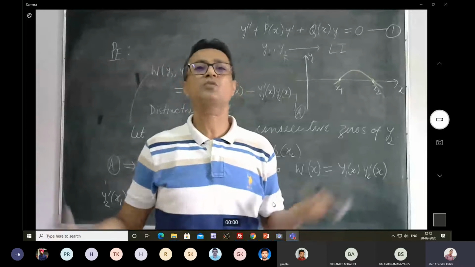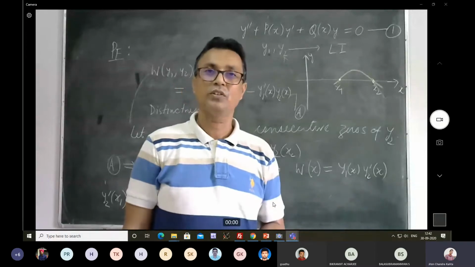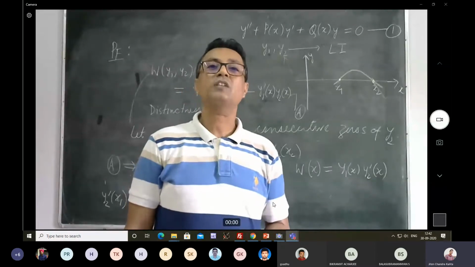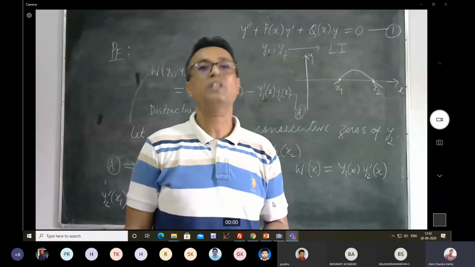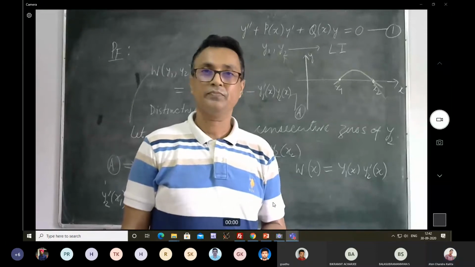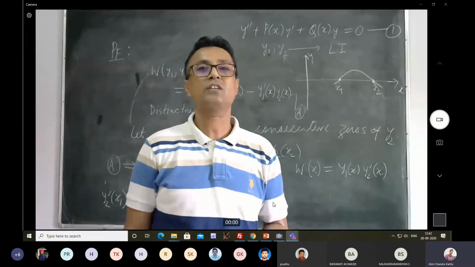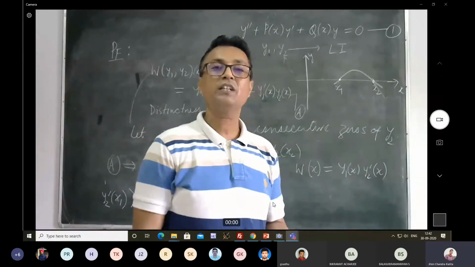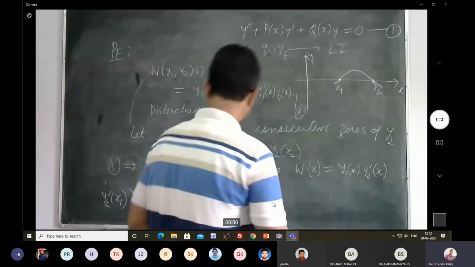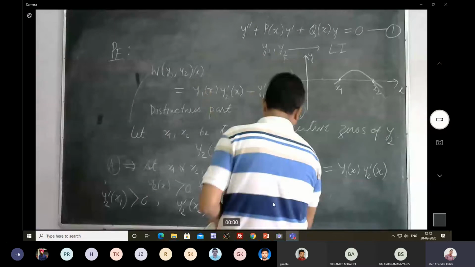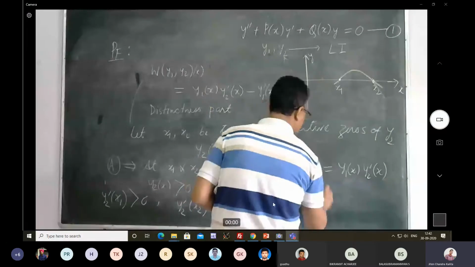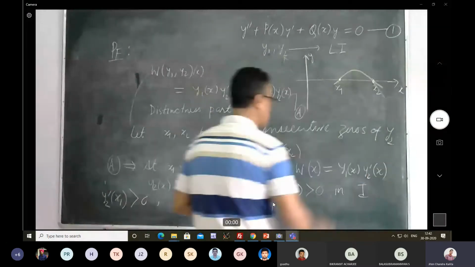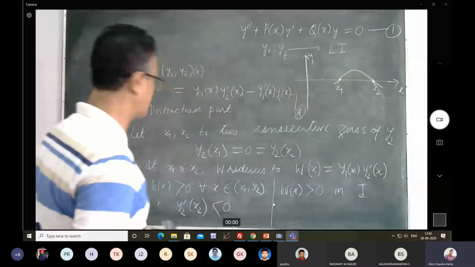Even if it is negative, it is also going to work. So suppose the Wronskian is positive throughout the whole interval, not necessarily only in the open interval (x1, x2), but throughout the whole interval of definition. Let us assume that W(x) is greater than 0 in I, where I is the interval of definition of these two solutions. Is it okay?